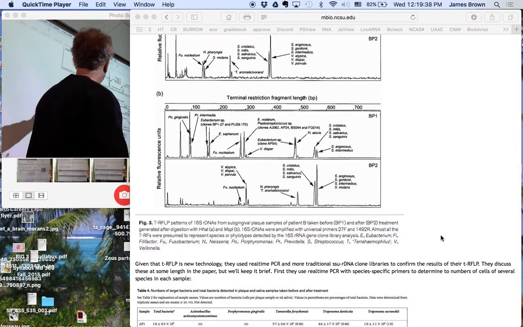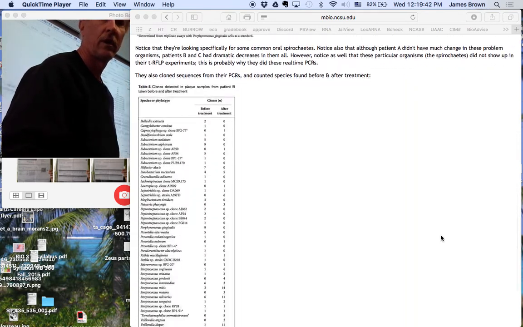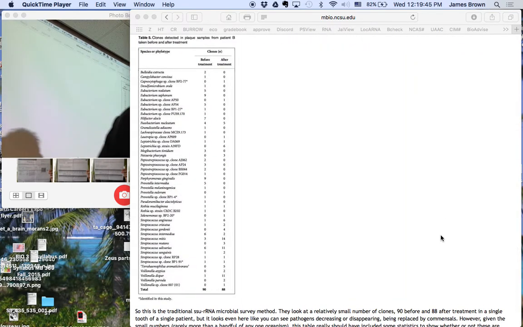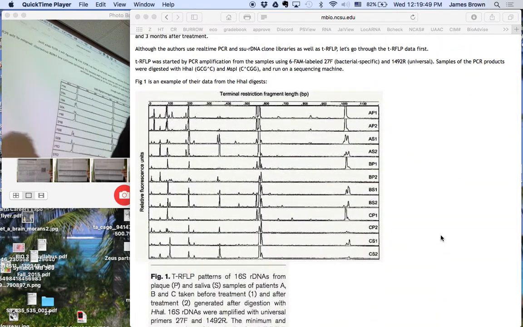This is the same pattern then with the different restriction digest. I won't go through that. Oh, I should point out one thing. The before and after was particularly effective for 2 of the patients, and one of the patients, I think that's patient A, went back essentially right to where it was before.